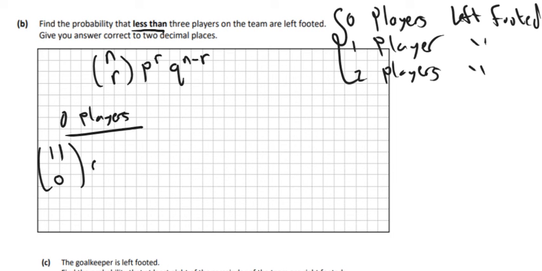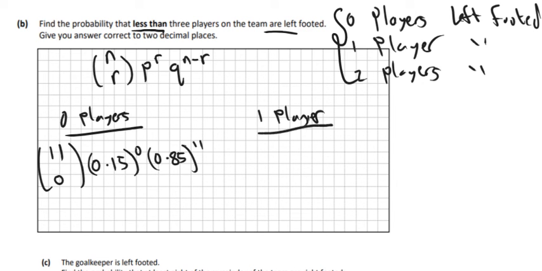Then it's going to be 0.15, because we still want left-footed players, and that's to the power of 0. And then it's 0.85 to the power of 11. So that's for 0 players. For 1 player, it's just changing the r really to be 1, and this time we're choosing 1 player.